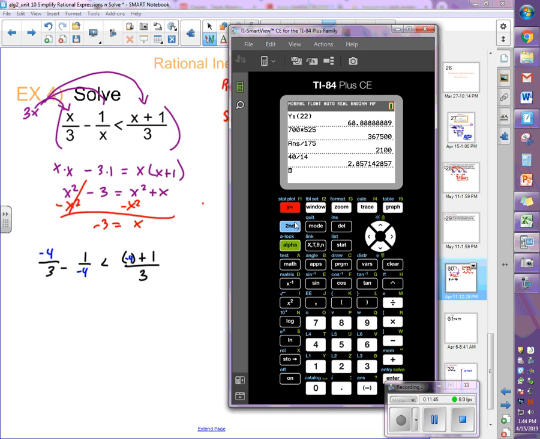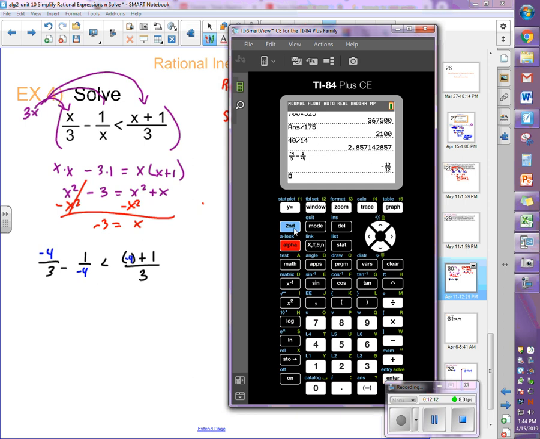So negative 4 over 3 minus 1 over negative 4, and that equals negative 13 over 12.